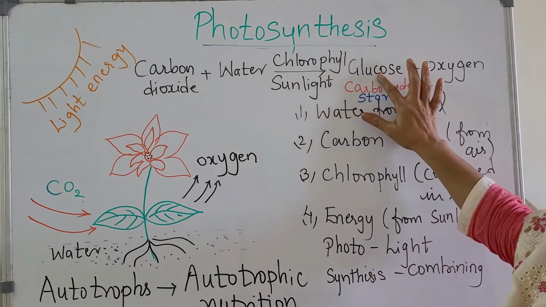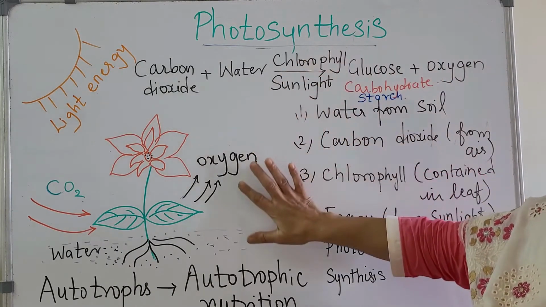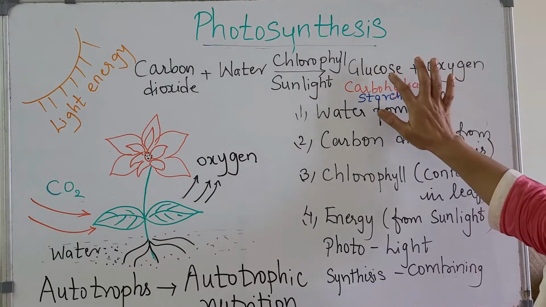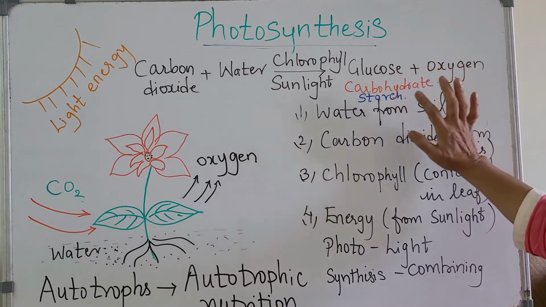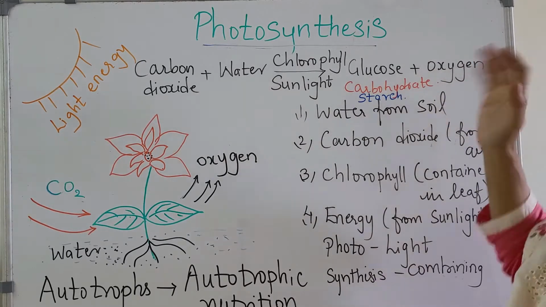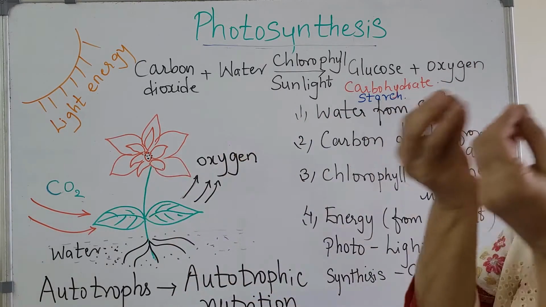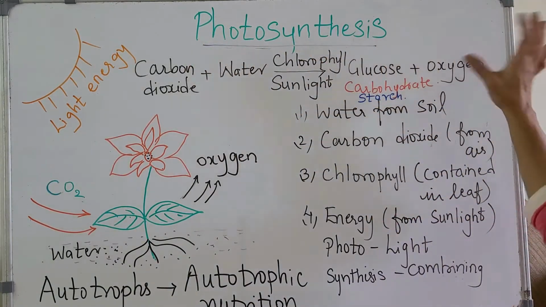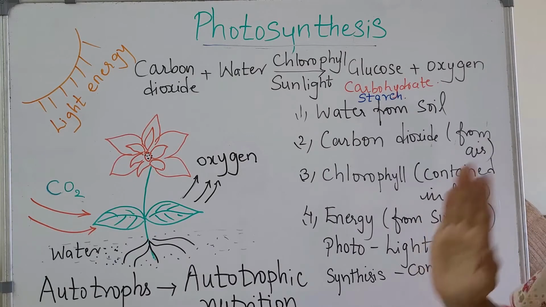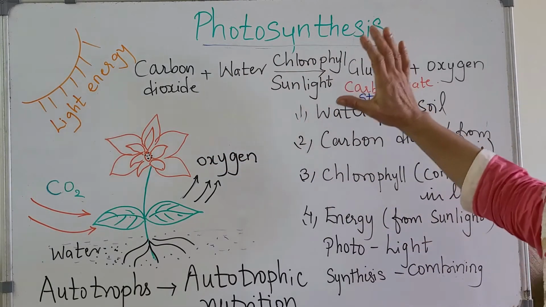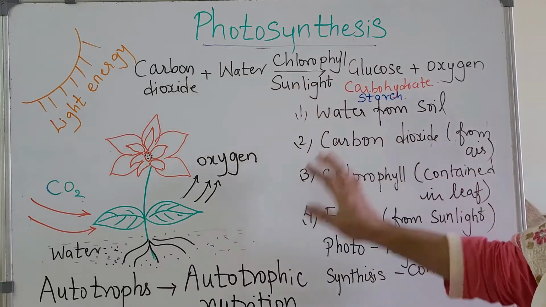Now this glucose is synthesized by this reaction of photosynthesis. We eat this carbohydrate, starch, and the plant releases the oxygen which we take in. So this is the equation which happens during the process of photosynthesis. Now what is a must in this process?